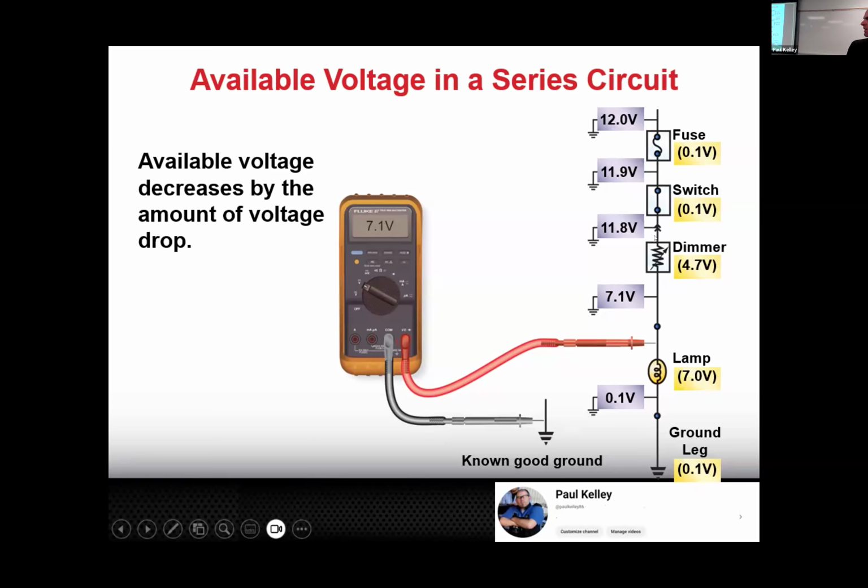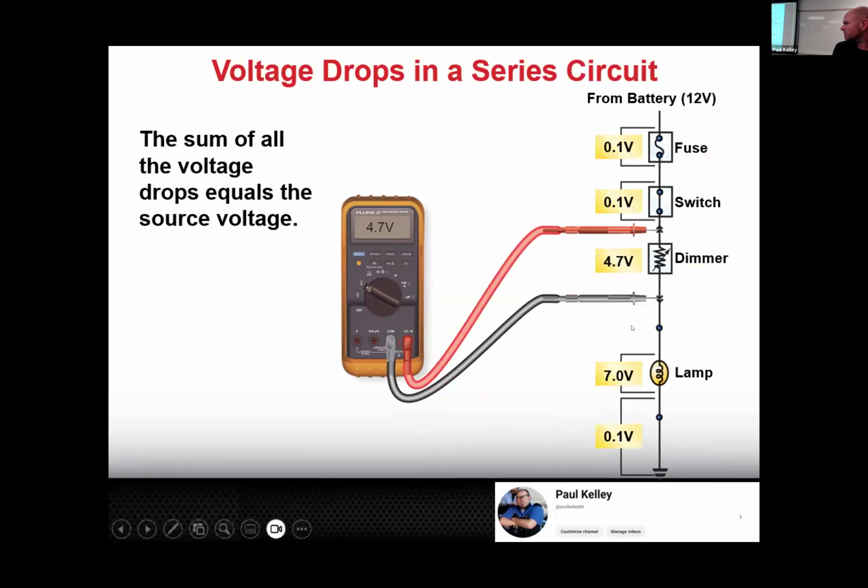It tells me I've already lost too much going into the bulb because I only have 7.1 volts going into the bulb. So the voltage drop is great. And in some ways, it's easier because you don't have to stretch your leads across the whole vehicle. You can keep them nice and tight.